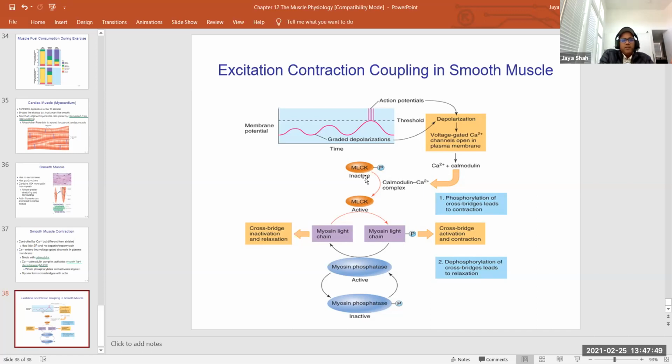There is a myosin light chain kinase enzyme here, MLCK, which is phosphorylated. When they are phosphorylated, they are inactive enzymes inside the cell. But this calcium complex removes the phosphate, and then MLCK becomes active.